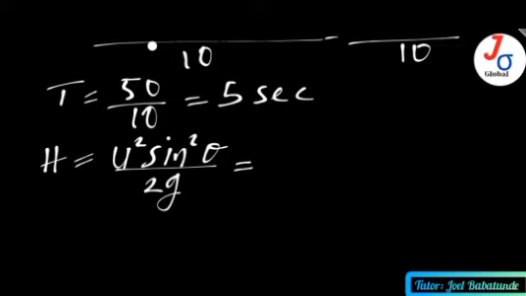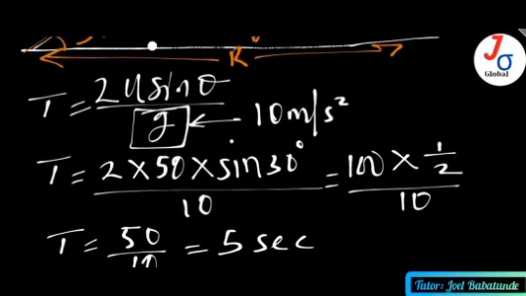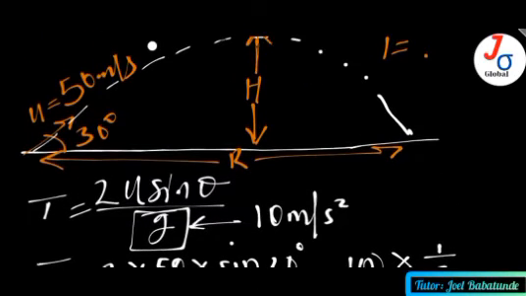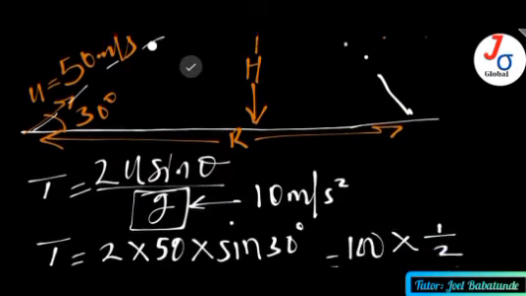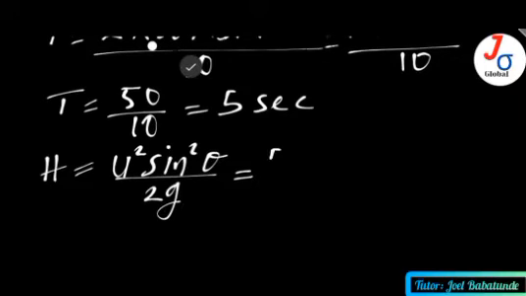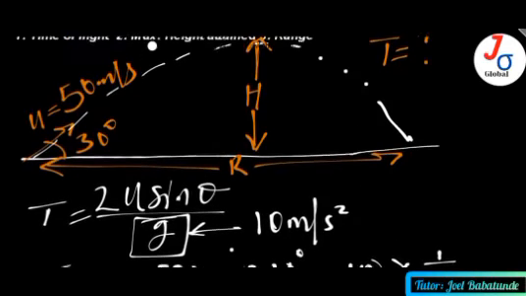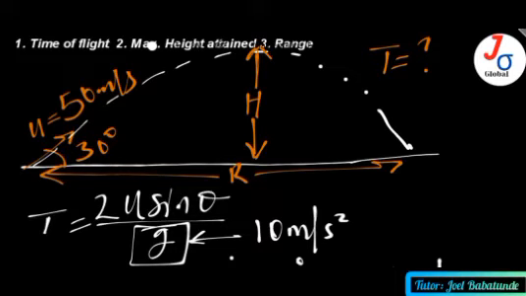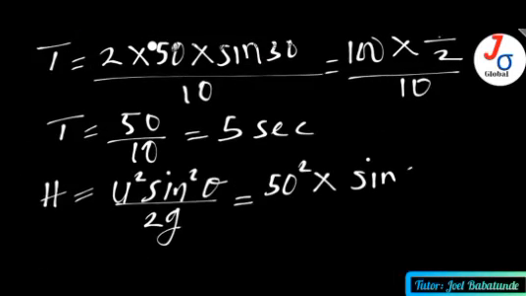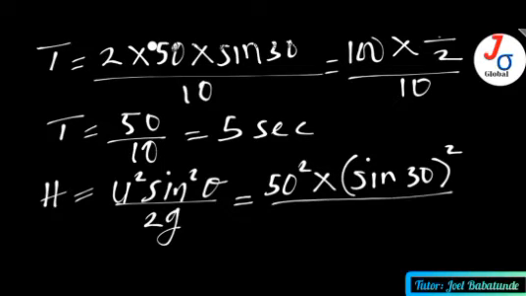Our u is 50 meters per second, so 50 squared, multiplied by sine 30, all squared. That's what they mean by sine squared theta, divided by 2g, 2 times 10.